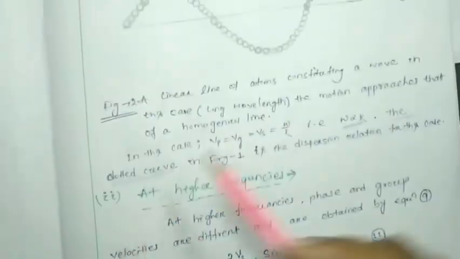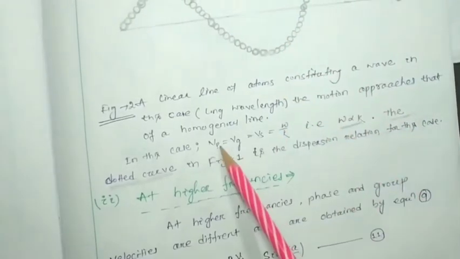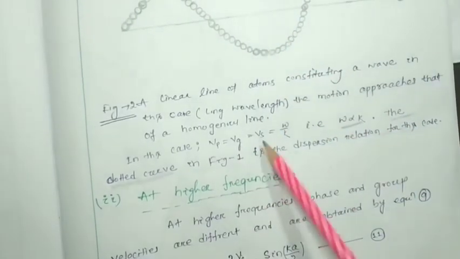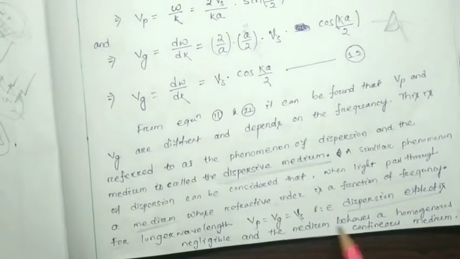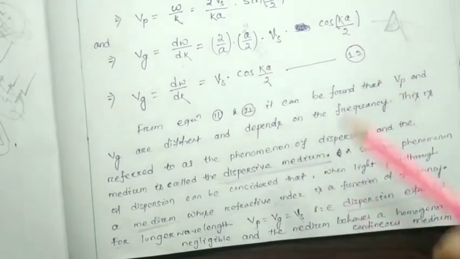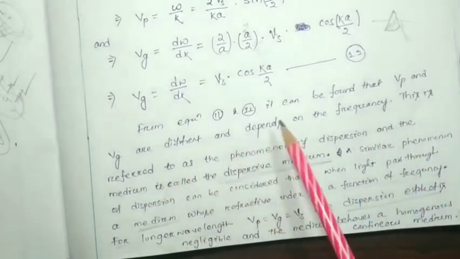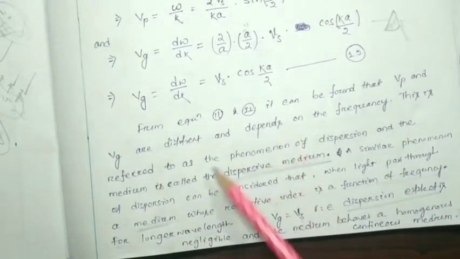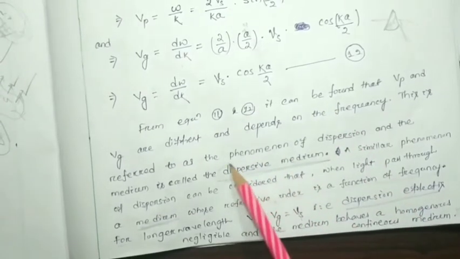Longer wavelength means, in our previous discussion, we found that Vp equals Vg equals Vs, that means dispersion will not be there, or is negligible, and the medium behaves like a homogeneous continuum medium. But in this case, at higher frequency, we find that different frequencies of waves move with different velocities, and the medium looks like a dispersive medium.